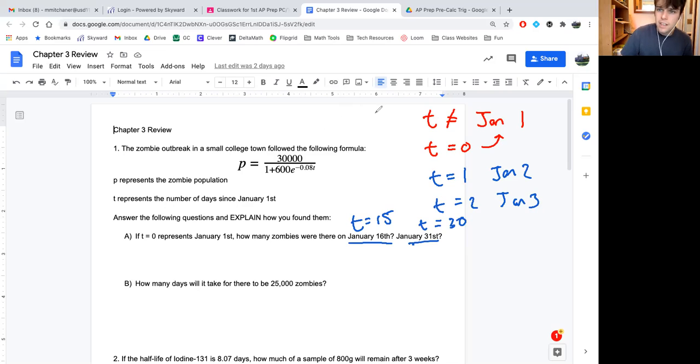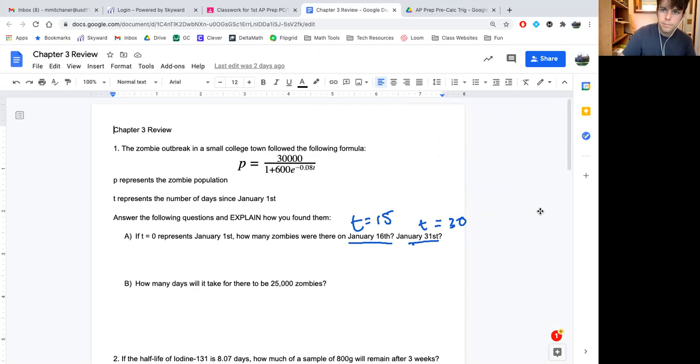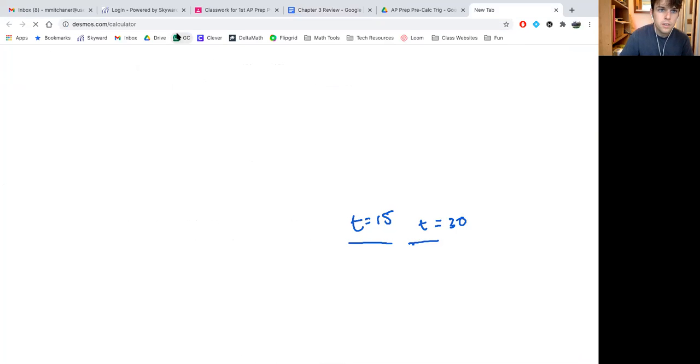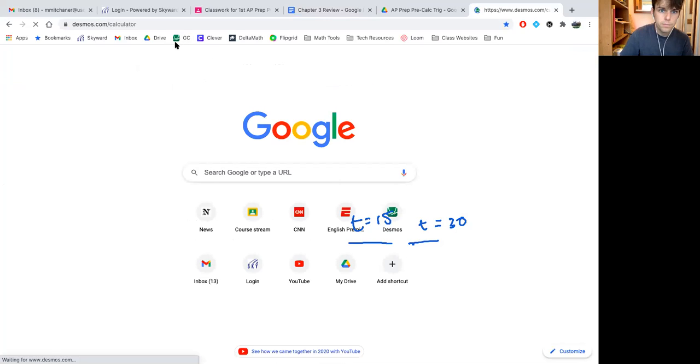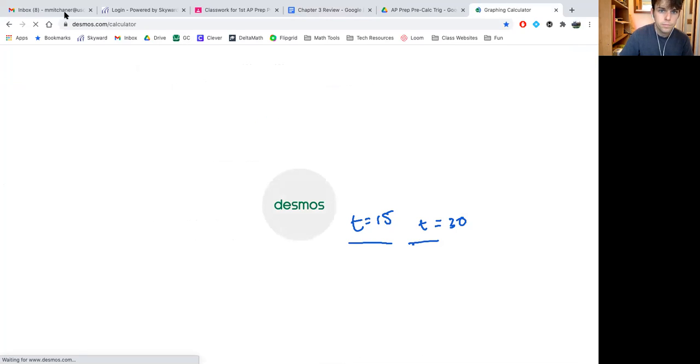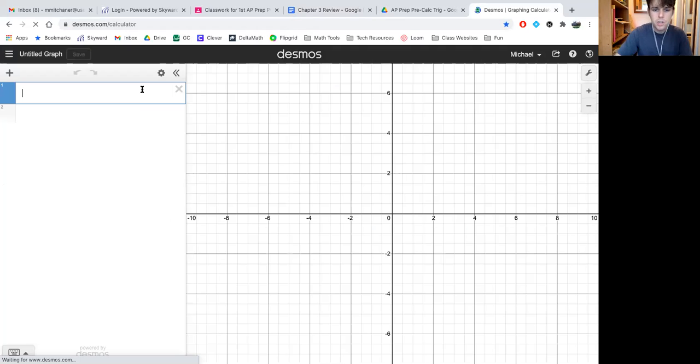I'm going to be using Desmos as my primary calculator and also to graph this function to examine it. So I'm going to go ahead and open that up. So let's get Desmos live. All right, so I'm going to type in the function we're dealing with, and I'm going to write it in terms of a function.